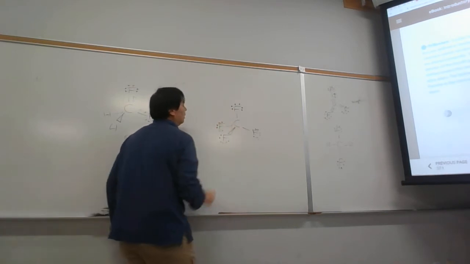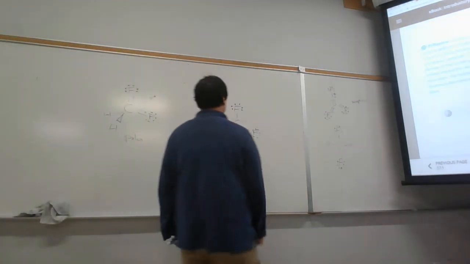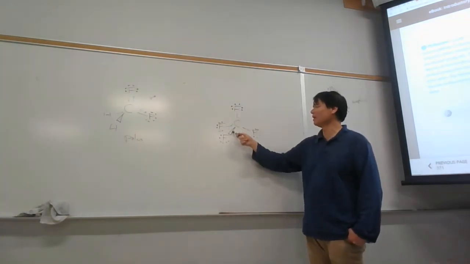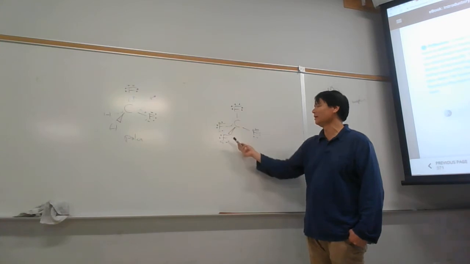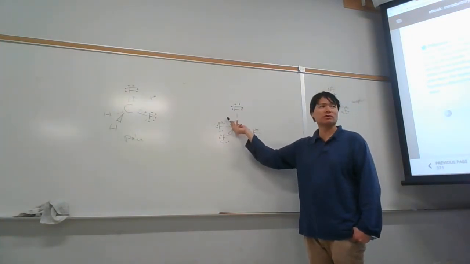CF4. Is CF4 polar or non-polar? Non-polar? Yeah. CF4 turns out to be non-polar. If you add up these two, it points this way, but then if you add up these two, it points the opposite way. And the same thing, if you add up these two, it's pointing down this way, but it's going to be opposed by those two.